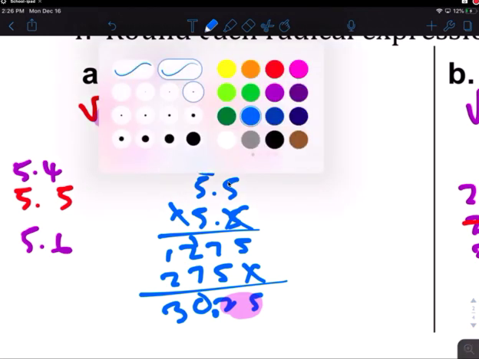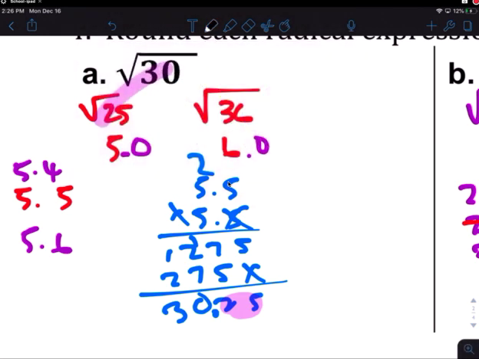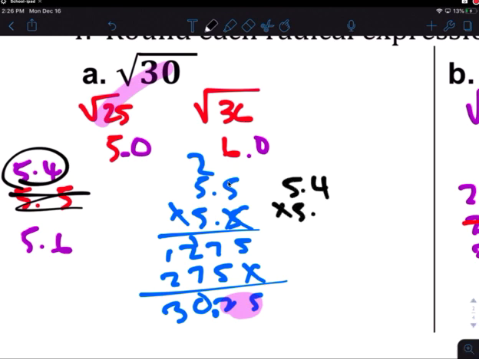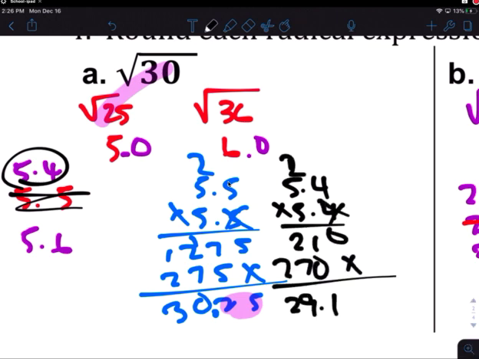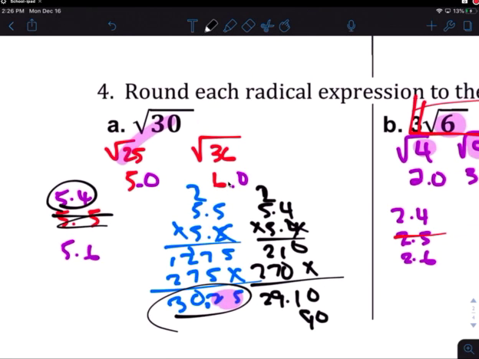Okay, so the next one is too far, so we're going to guess 5.4. 20 carry the 2, 29.16. Oh, this is 0.84 away, so obviously 5.5 is closer. So square root of 30 is about 5.5.